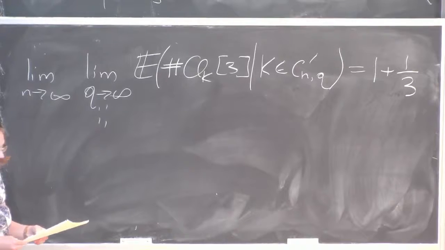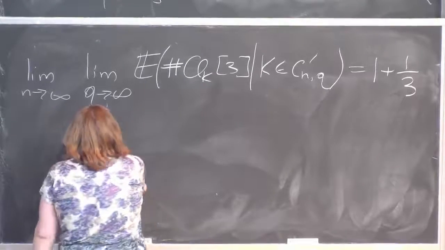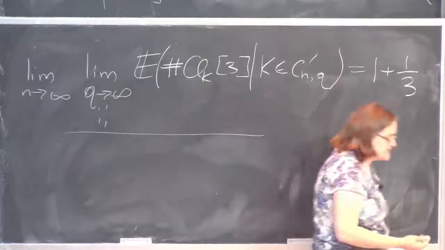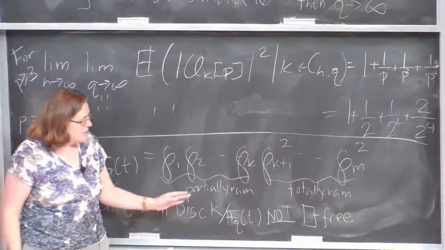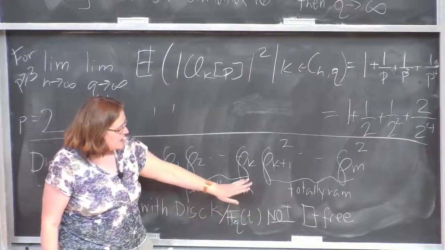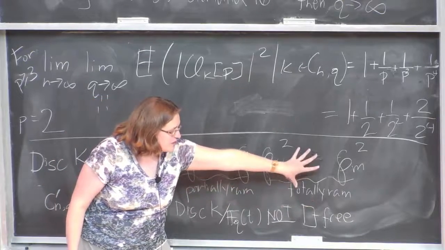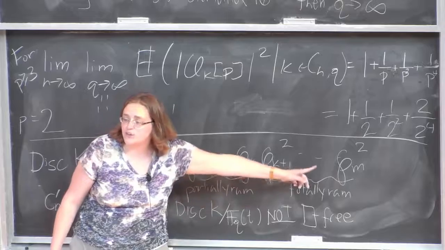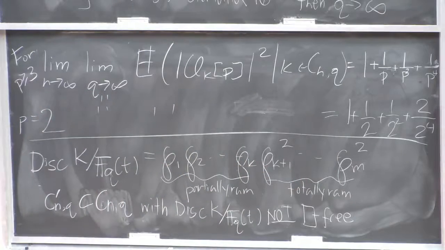And part of what's happening here is that when you count cubic fields and you order them by discriminant, you see a lot less of the things where there's total ramification. The fact that those primes are appearing squared in your discriminant pushes those farther and farther.